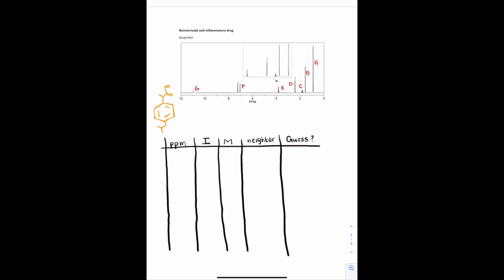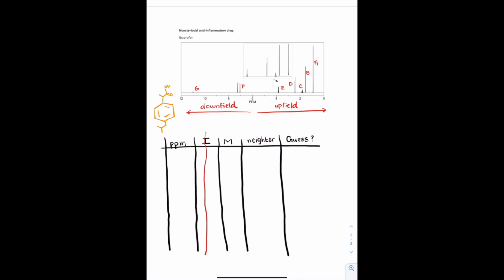And I've mentioned downfield once before, but this way is going to be considered to be upfield. And this way on a proton NMR is going to be considered to be downfield. And now what this basically means is it can help to give you a little bit more light on what is going on in the structure. So in this particular case, we are actually not given the integration, which can make the problem seem a little bit more tricky.